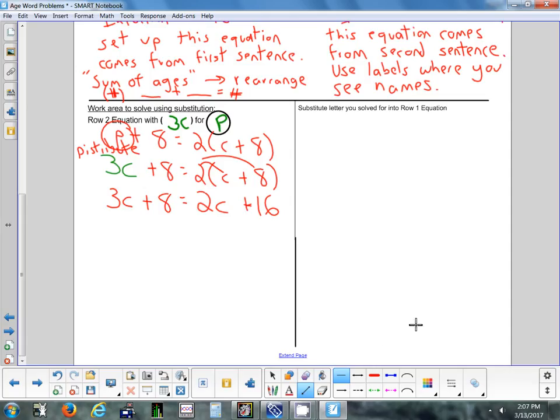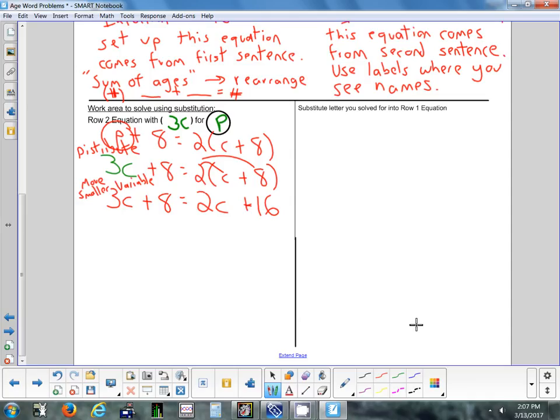Next thing I want to do, I guess I'll say match up. Next thing I want to do is move my smaller variable. So I have 2 variables in this problem, right?